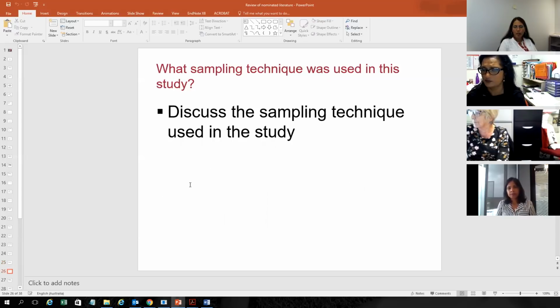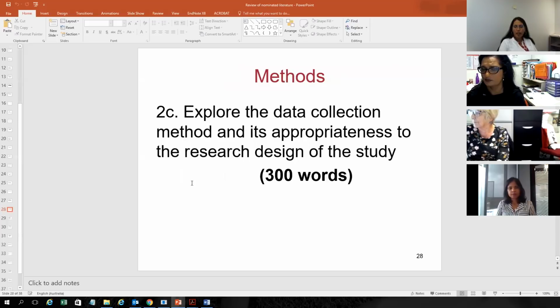Moving on now, I'm going to hand over to Mandy. Hi everyone. So the next question is for methods, and it's 2C: explore the data collection method and its appropriateness to the research design of the study. So we're looking now for data collection. So again, we're going to be in the methodology.